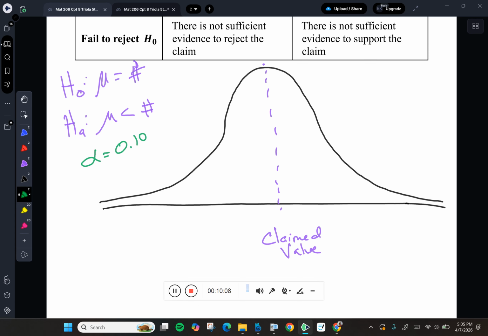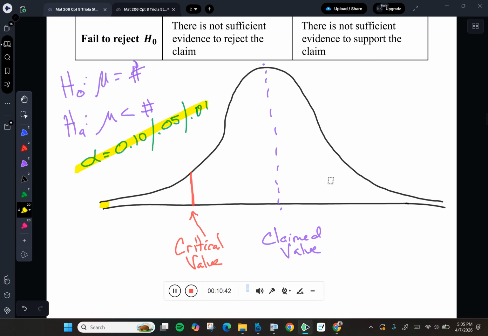Before the test is run, we are going to assign a level of significance. That is that 10% or that 5% or that 1%. That value of alpha is going to determine the size of our rejection region. This number right here is referred to as our critical value.